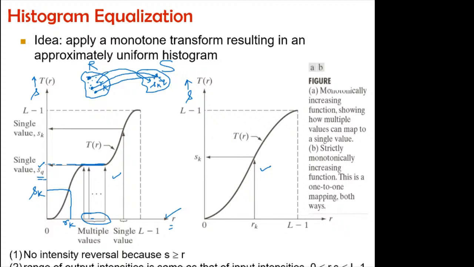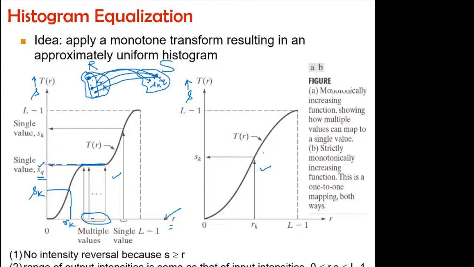Similarly here, this is also SQ. So there are different pixels which had different intensities in the image, but finally these pixels are going to acquire the same value in the final image.